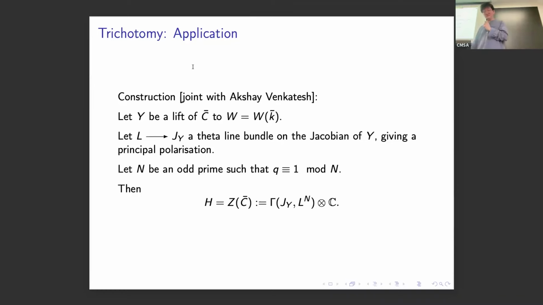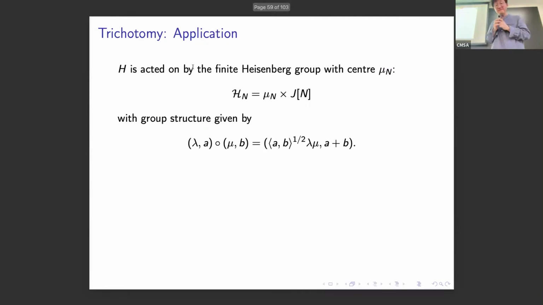You'll see, again, this is very much like the Hilbert space associated to Chern-Simons theory of level N, I guess, or 1 over N, whichever it is. But here's a kind of amusing fact. This space is acted on by a finite Heisenberg group with center given by the roots of unity.